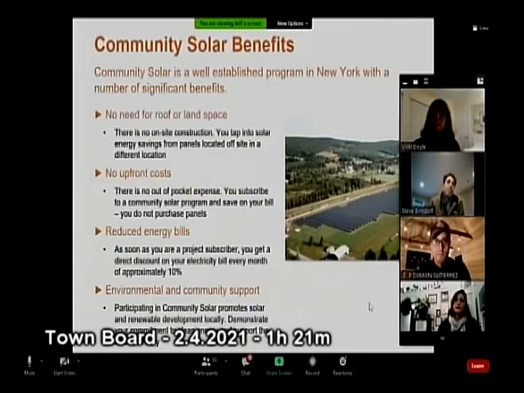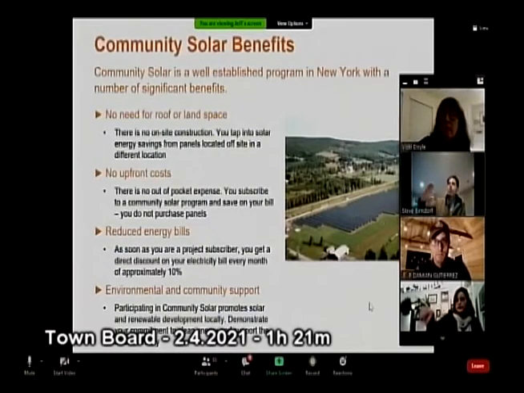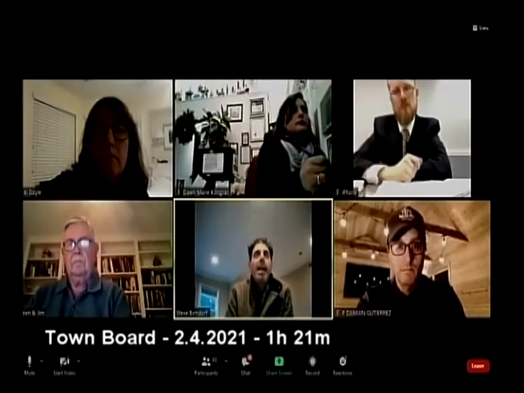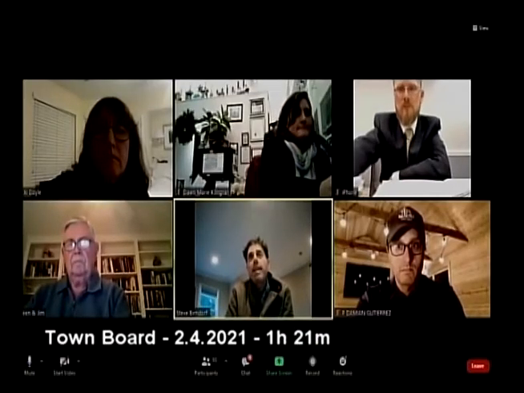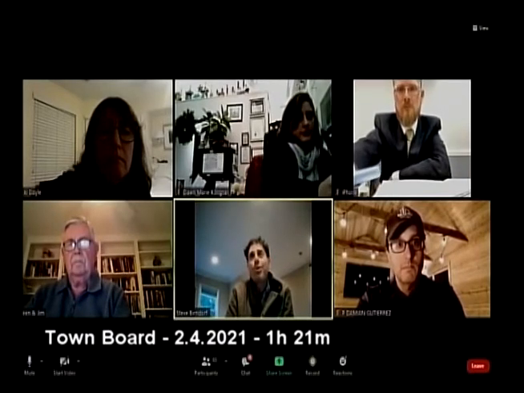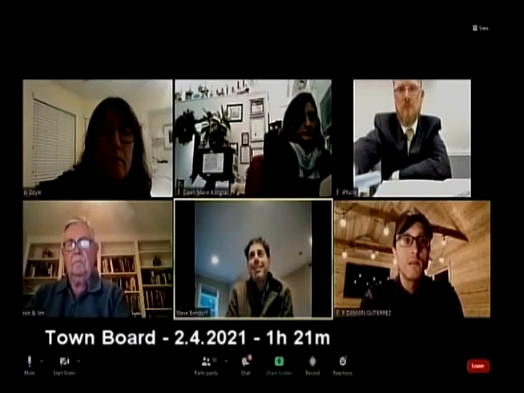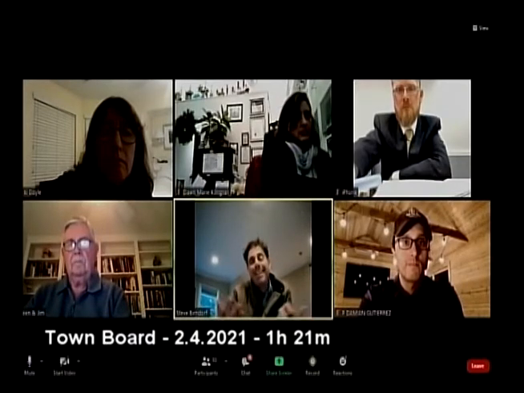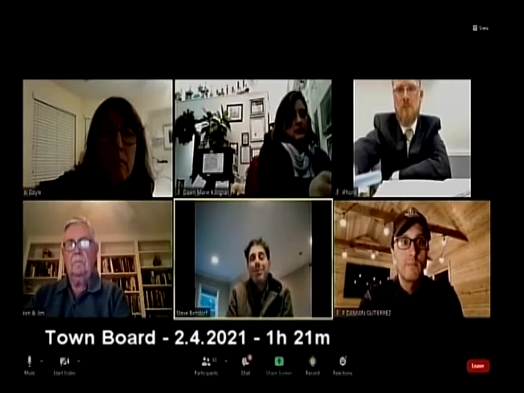You typically save money, 10%. That's an index number, so you're never going to be underwater, right? You're always going to save relative to the VDER credit to bill. And you're enabling solar in the state. It feels good, and we believe, hopefully you all do too, it's good for the community, the environment, and so on and so forth.